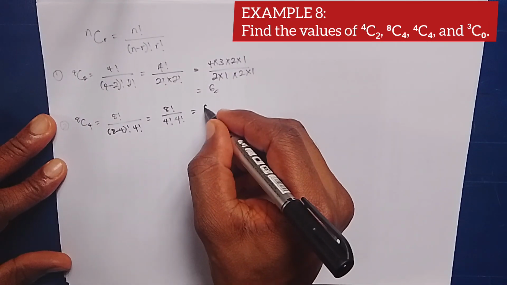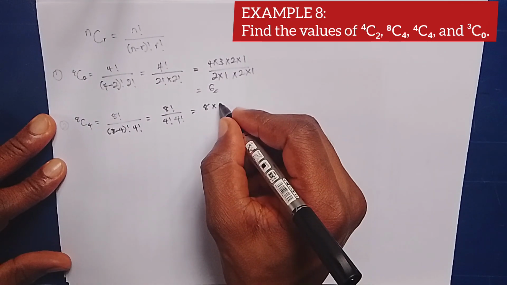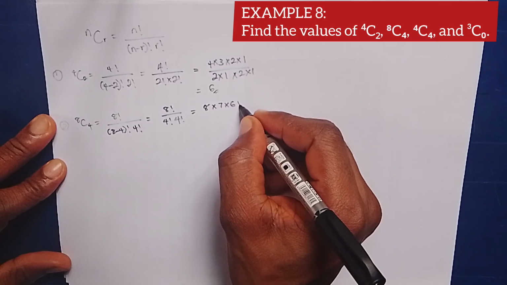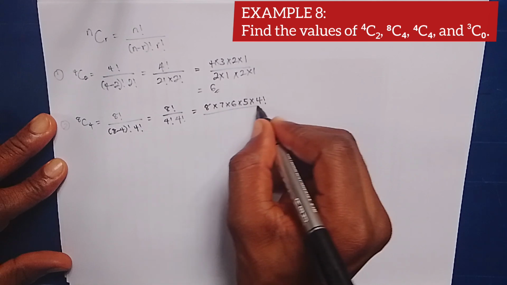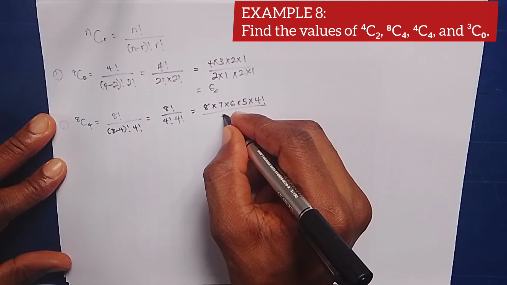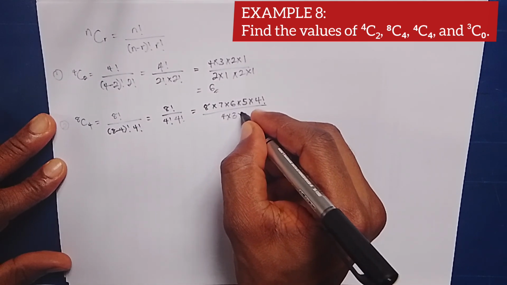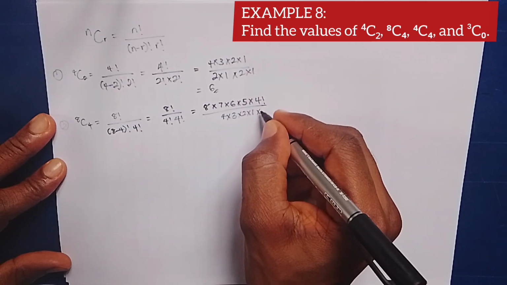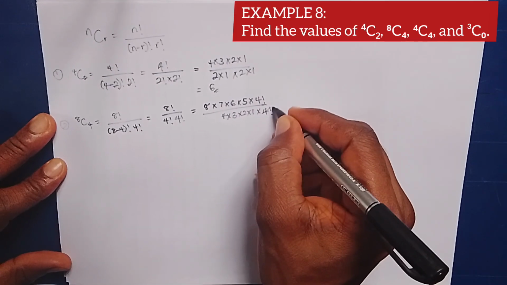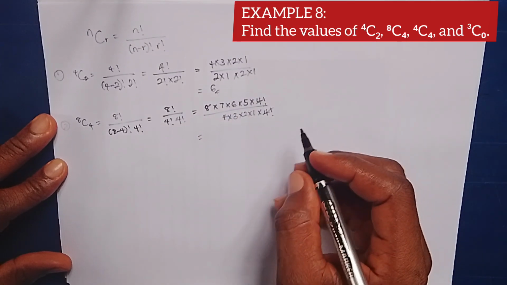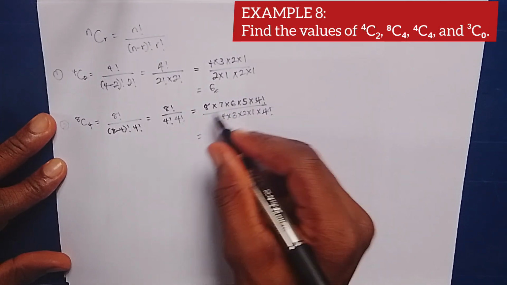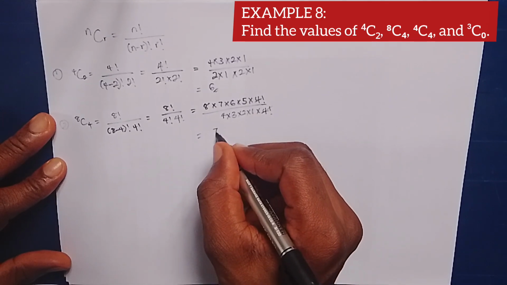This is equal to 8 times 7 times 6 times 5 times, permit me to stop here, 4 factorial over 4 times 3 times 2 times 1 times the second 4 factorial. So by the time you evaluate this, all of this is equal to 70.